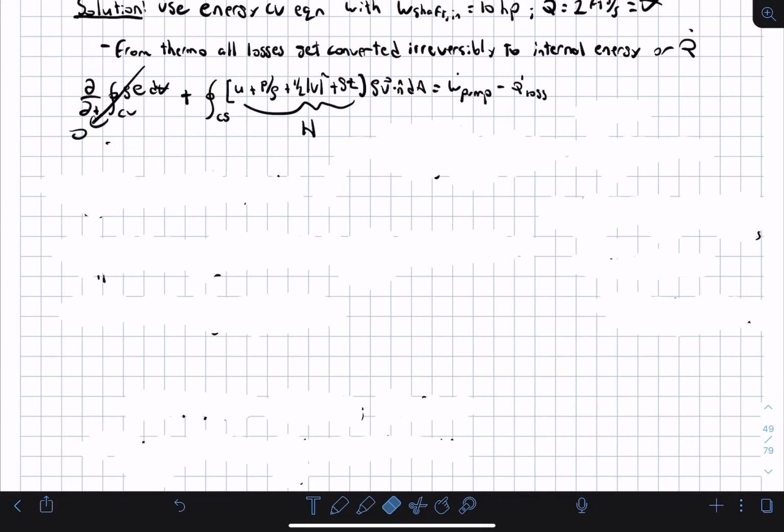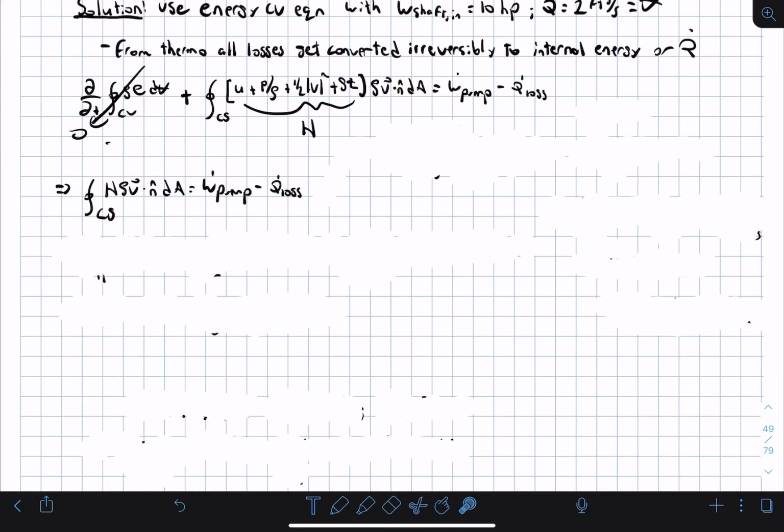Now, this implies that our energy equation, because it's steady, just turns into the surface integral of this cap H times rho v dot n hat dA, and that's equal to the pumping work going in, and then minus our irreversible heat losses through the walls.